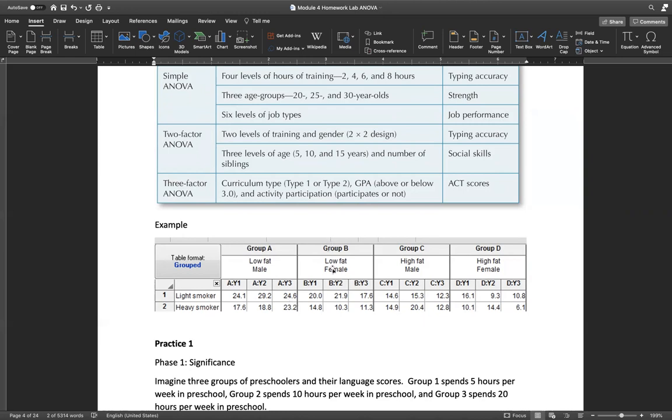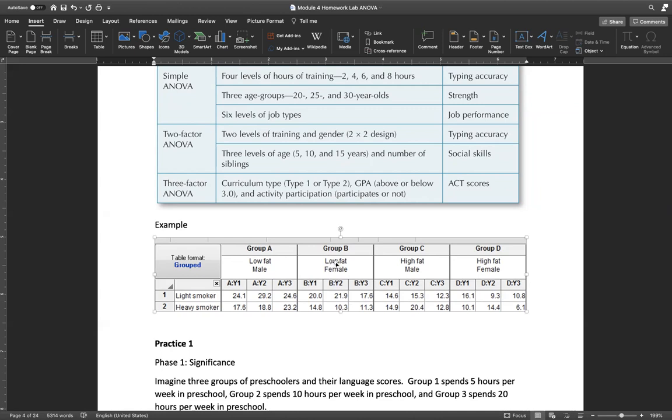And then here you can see for low-fat female, they have the same thing. So they've got the first capture, second capture, third capture for the light smokers that are also in this group. This is year 1. Here's the heavy smokers from this group, year 2, year 3, right? So you're getting 3 measures across these 2 independent variables.